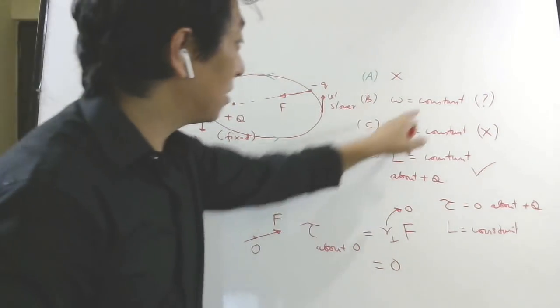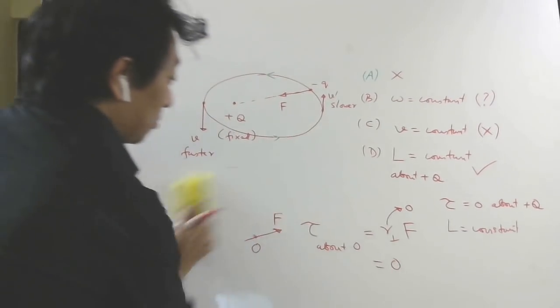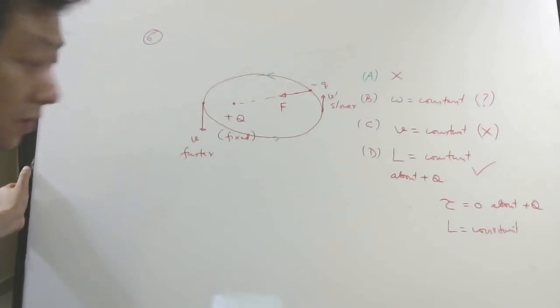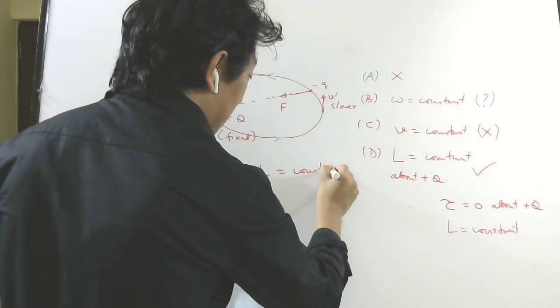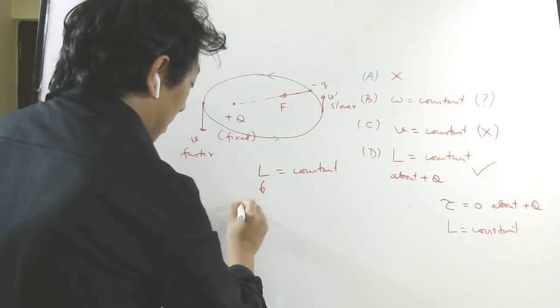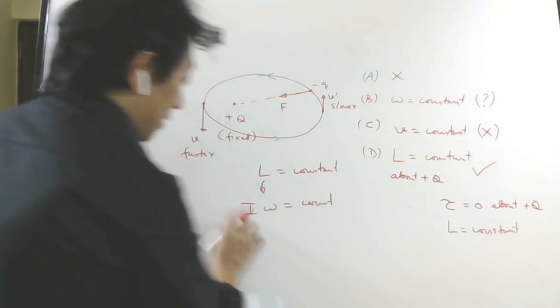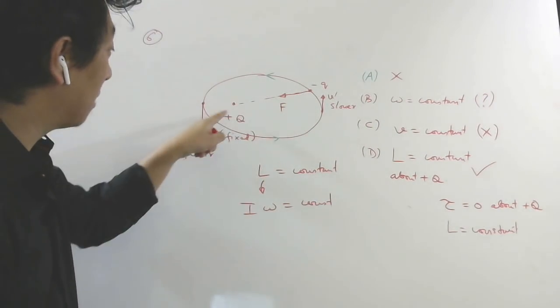Now question is, sir, what about this? You have not decided. See, now we can decide. We came to know that angular momentum is constant. Now I hope you remember angular momentum is also given by I times omega. I is moment of inertia of this particle and we are calculating about this point.